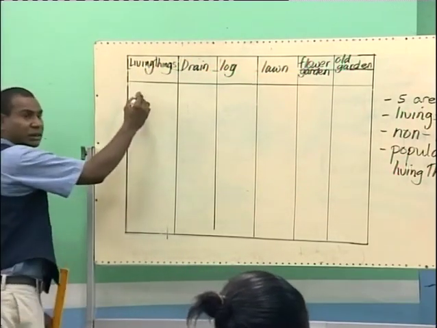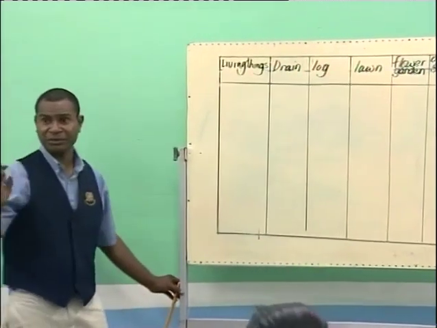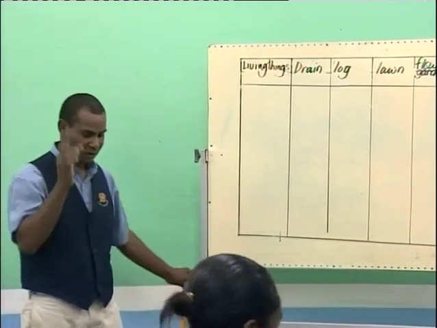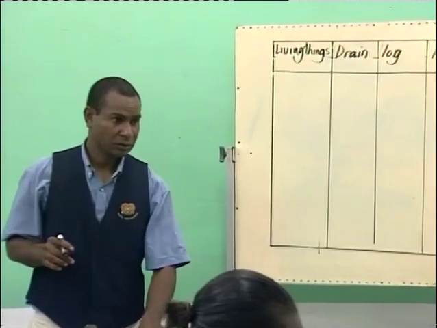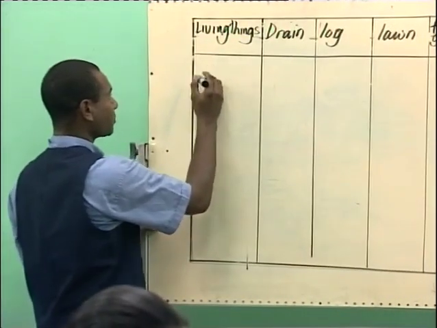What did you find? Okay, grass, there were 3 different types of grass or 4 different types of grass in one place. Okay, let's do an example.